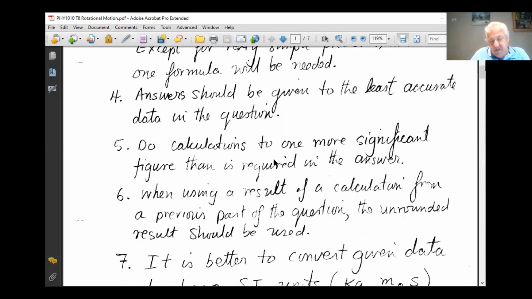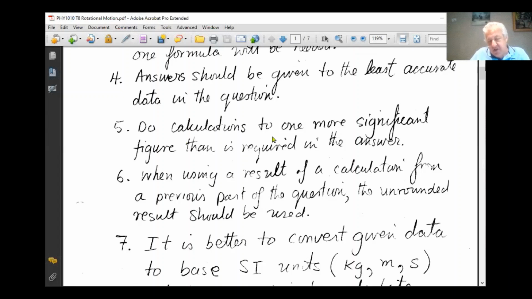When doing calculations though, always do the calculations one more significant figure than is required in the answer. Otherwise you'll propagate too many errors by the time you get to the final answer. So always calculate to one more significant figure than required in the answer.